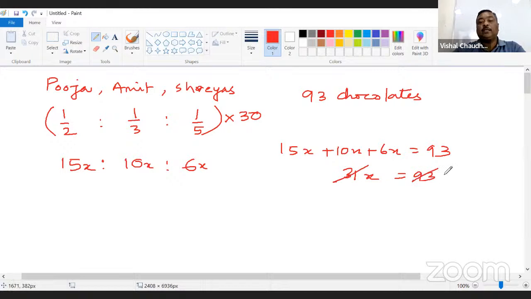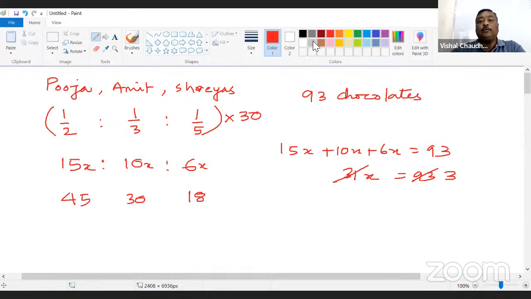The value of x is 3. So how much is Pooja going to get? 45 chocolates. Amit is going to get 30 chocolates. And Shreyas is going to get 18 chocolates. Clear? So if someone asks you who got the highest, it is 45.